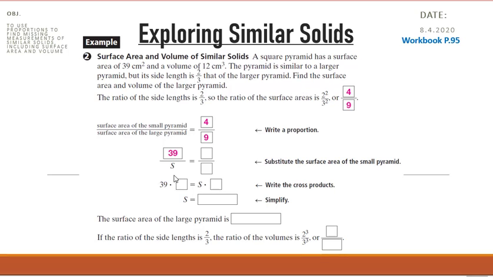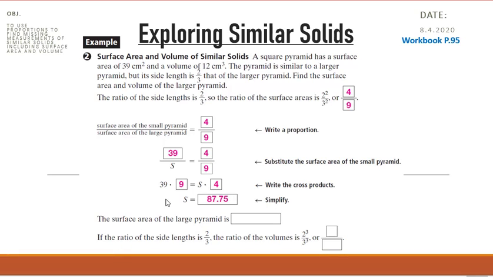It's required, so give it any symbol, S for surface area, and the ratio is 4/9. Now we can solve this in one of the ways: multiply 39 by 9 and S by 4. Now divide by 4 to get the answer.